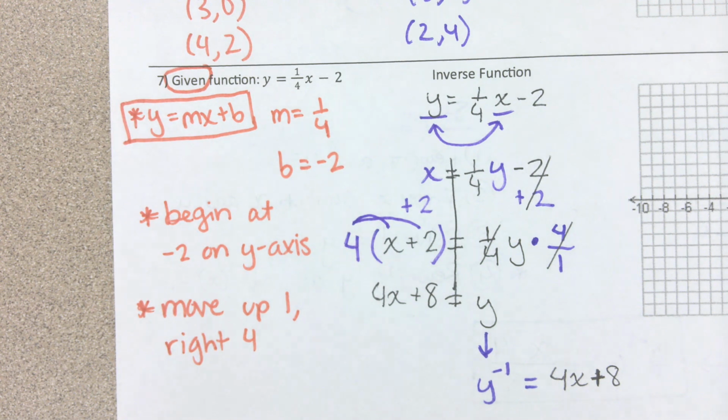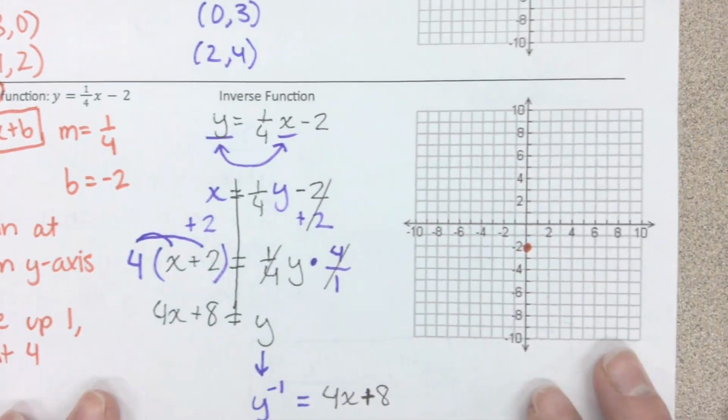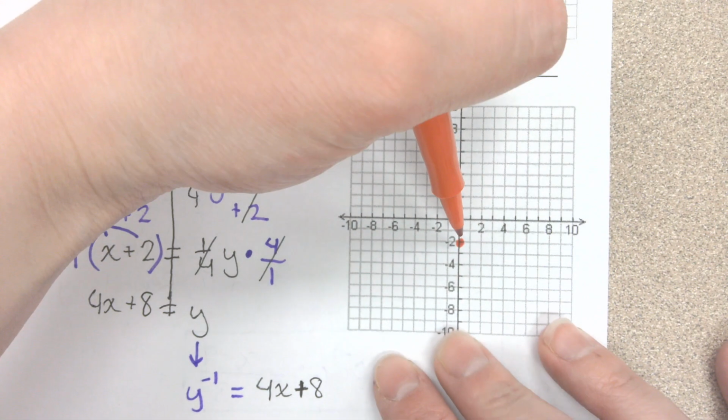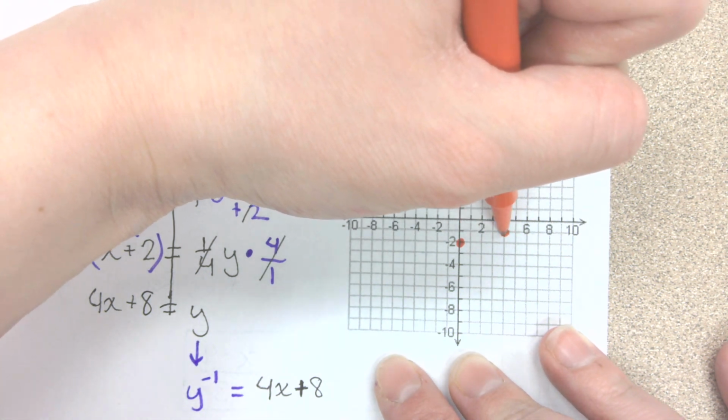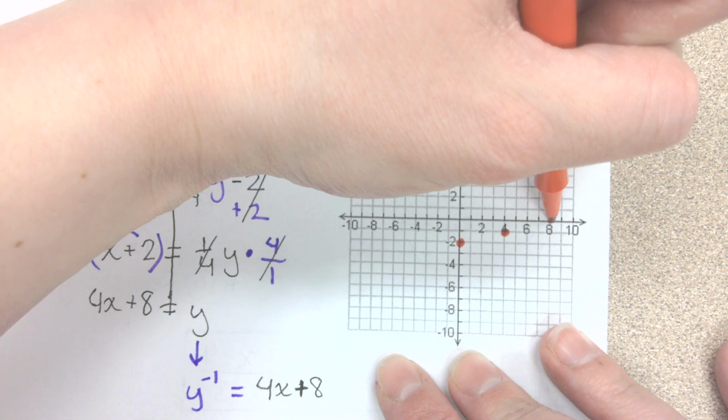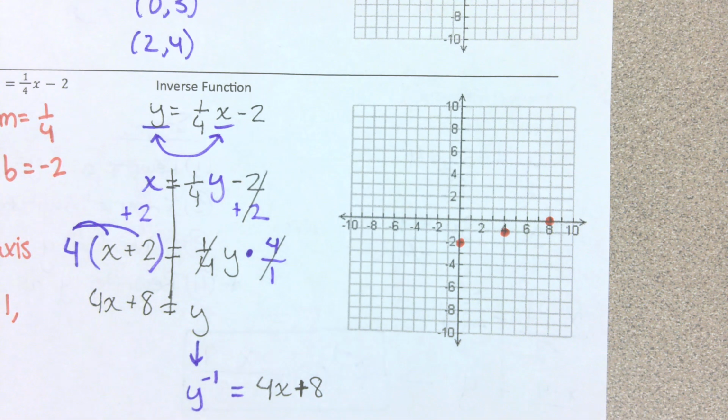Those are my directions. So let's do that, get some extra points. Starting at the -2 on the y-axis, up 1, right 4. I'll go ahead and talk about going backwards because I'm going to need it for the next line anyway.